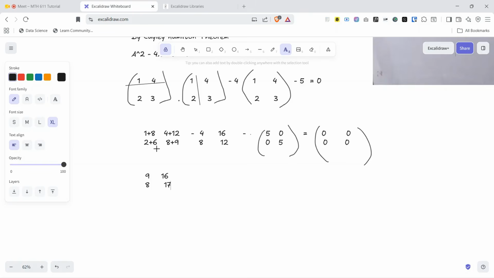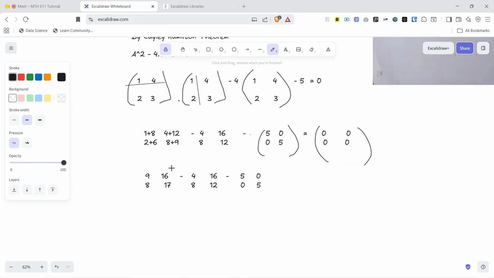Yes, 17. Then minus 4, 16, 8, 12, minus 5, 0, 0, 5. Remember, each one of these is a matrix, so that we don't forget that.